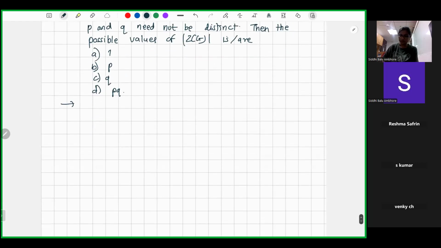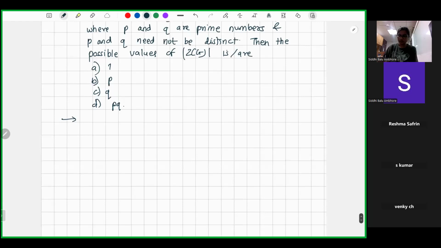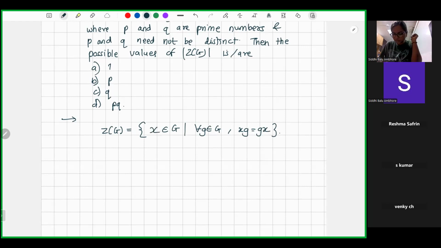I hope we all know what this is: the center of my group, the set of x in G such that for all g in G, xg equals gx.